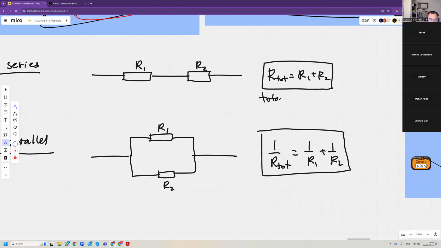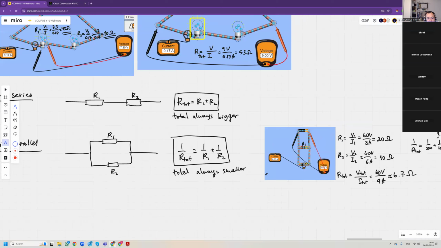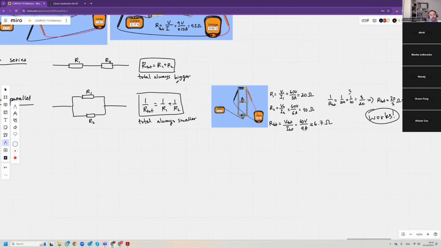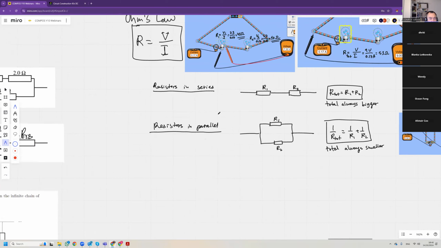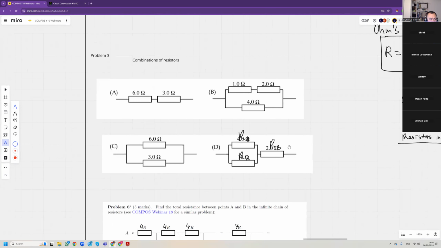Total always bigger than the biggest resistor, of course, and the total always smaller than the smallest resistance. Good. So these are the rules.